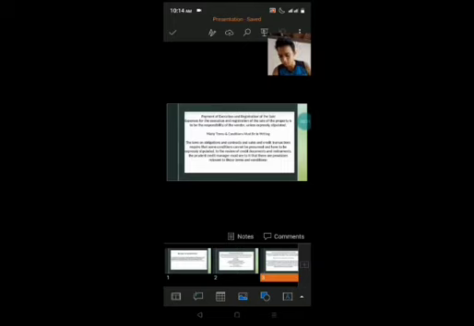Job description: the contract should clearly specify the job title, duties, and responsibilities of the employee. Compensation: the contract should outline the employee's salary or wage rate, bonuses, commissions, or any other forms of compensation.